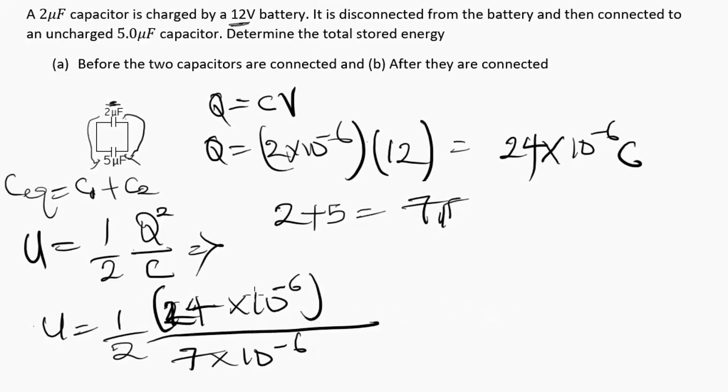So now we'll go ahead and calculate this using our calculator. We'll have 4.11 times 10 to the power of minus 5 joules. So this becomes the energy stored in a combination of the two capacitors.